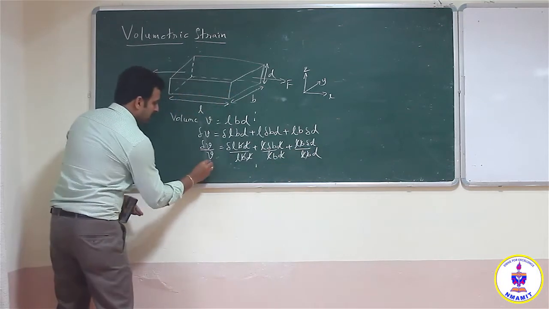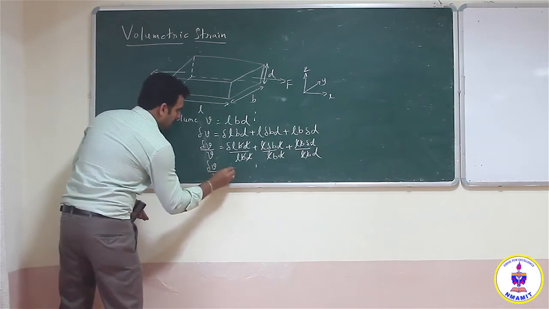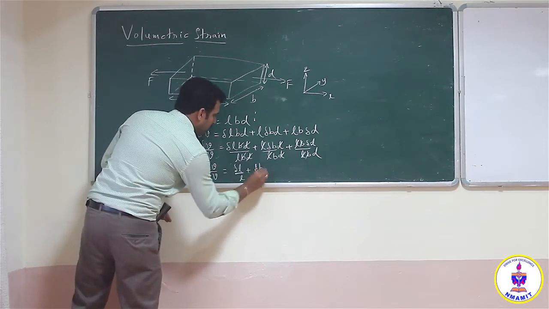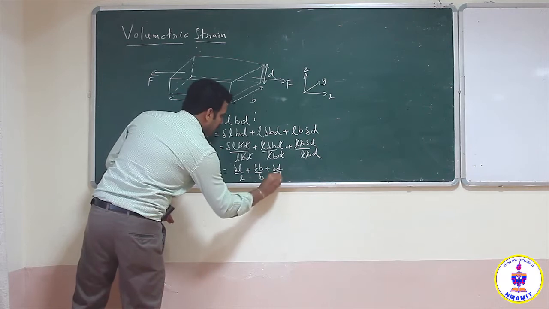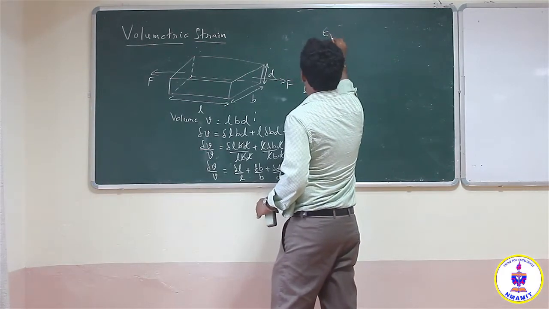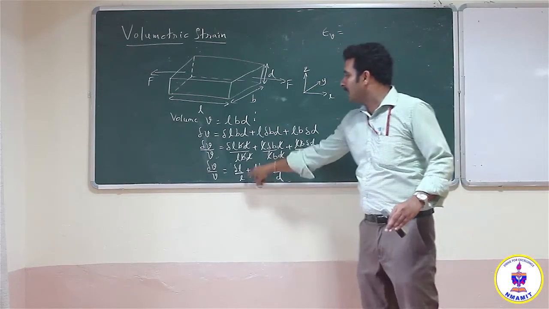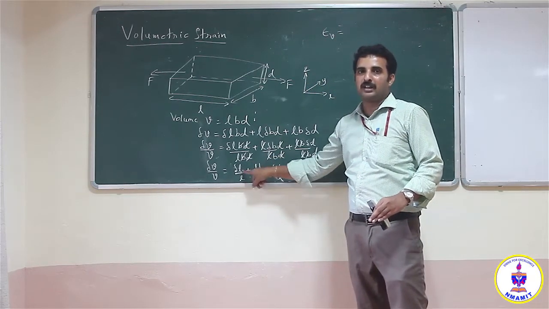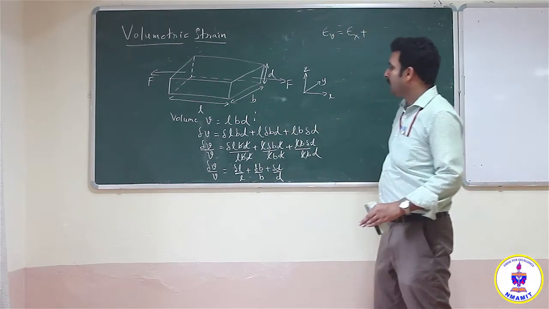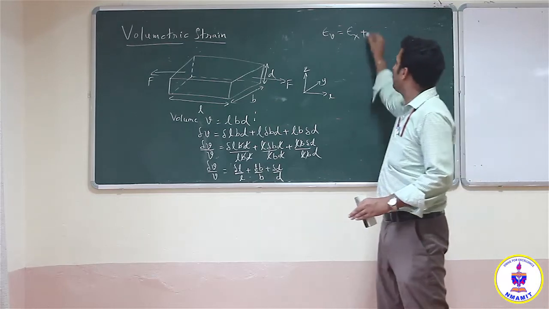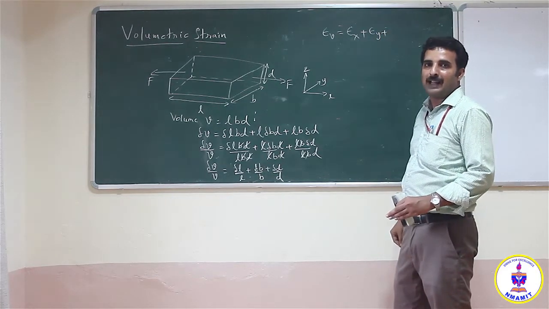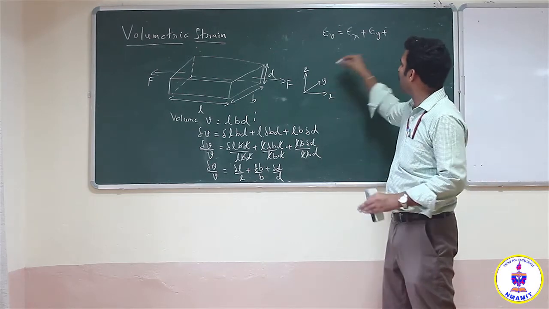So what is left is delta V by V equal to delta L by L plus delta B by B plus delta D by D. Delta V by V is nothing but the volumetric strain. Delta L by L is the longitudinal strain, that is the strain along X. Delta B by B is the lateral strain, that is the strain along Y. Delta D by D is again a lateral strain, that is the strain along Z.